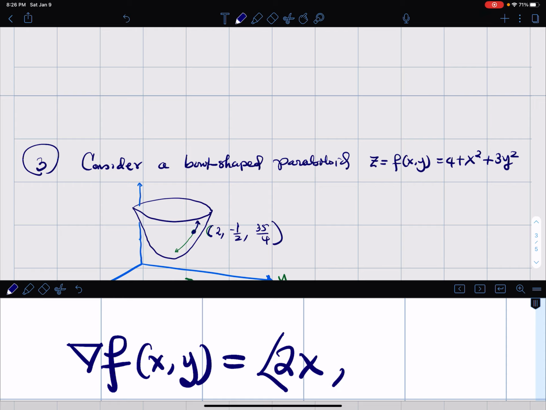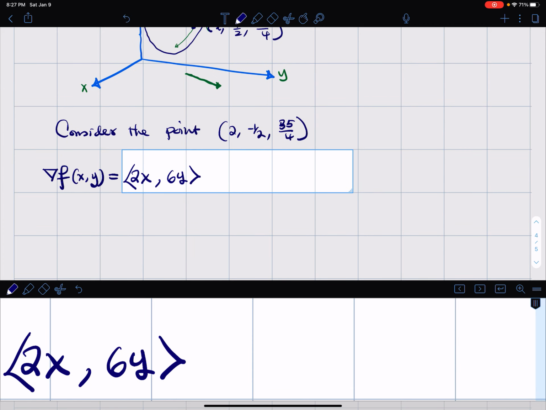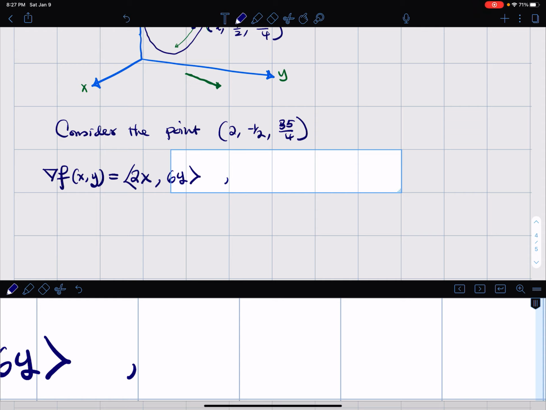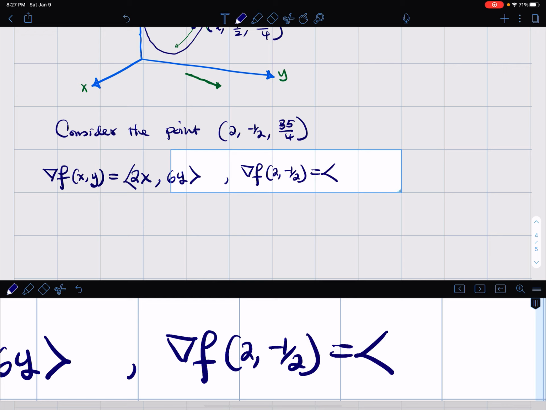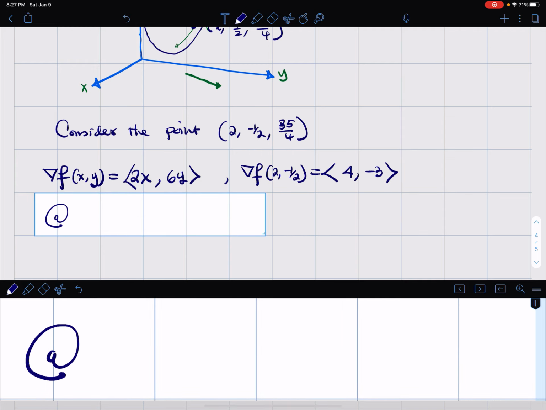And then 6y, I think. So if we compute the gradient at 2, negative 1/2, we're just going to end up with 4, negative 3, I think. Right.